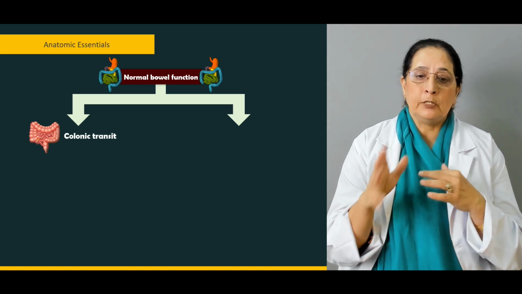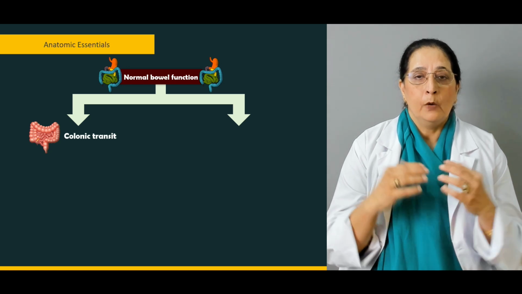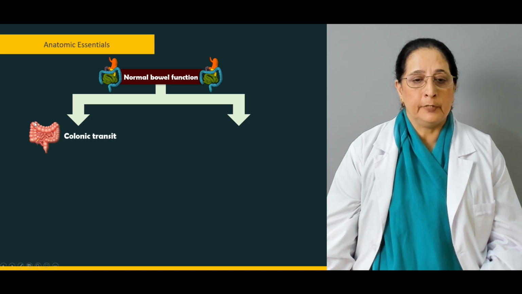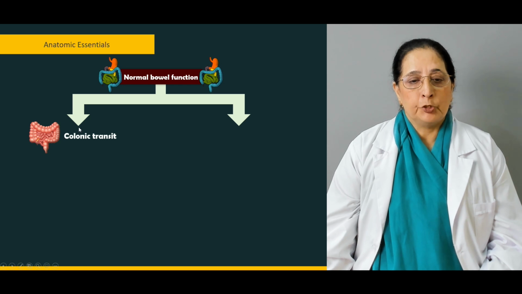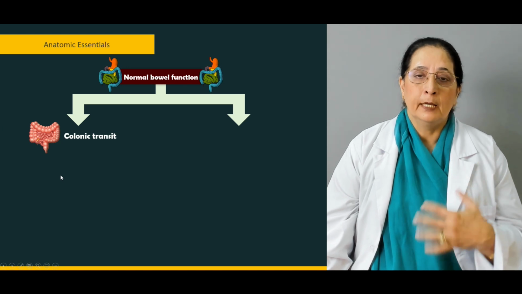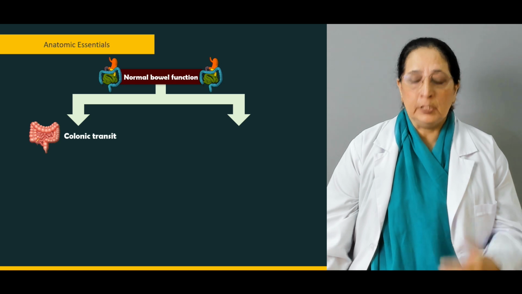The transit of the fecal matter through the colon, what helps this is the structure you can see of the colon: the ascending colon, then the transverse colon, descending colon, and then the sigmoid colon. So colonic transit is the movement of the fecal matter or waste matter through the colon.